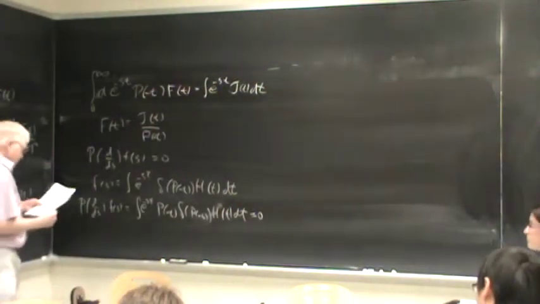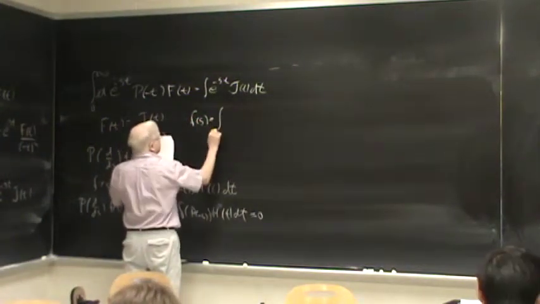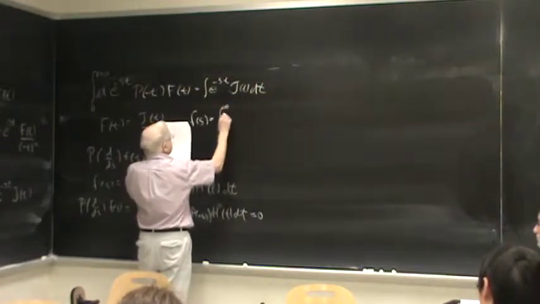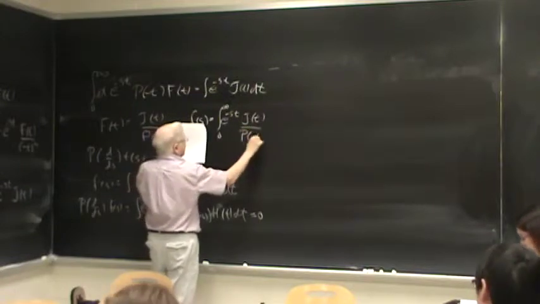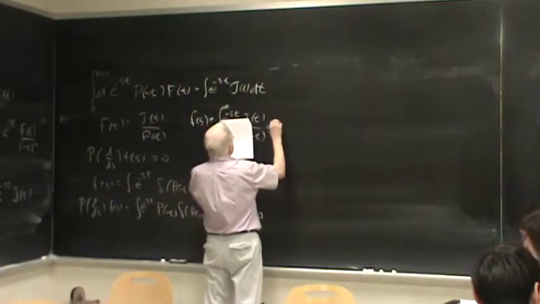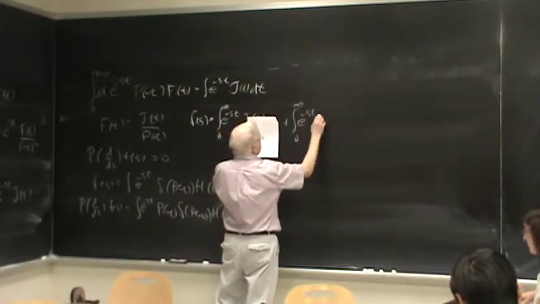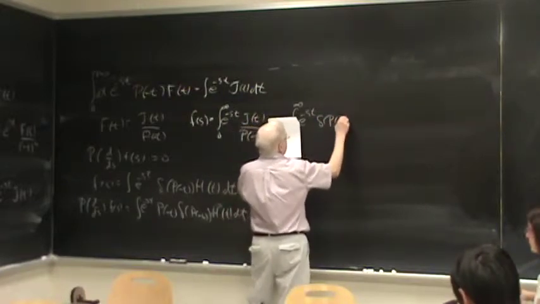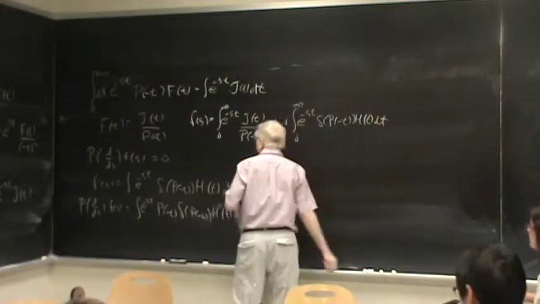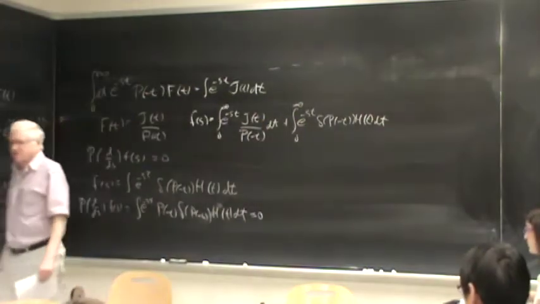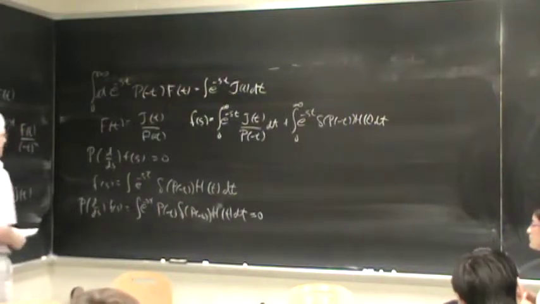Okay, so we can then have a solution, namely the integral 0 to infinity e to the minus st j of t over p of minus t dt, plus the integral 0 to infinity e to the minus st delta of p of minus t h of t dt. And notice h is basically arbitrary, so you get a broad range of solutions.